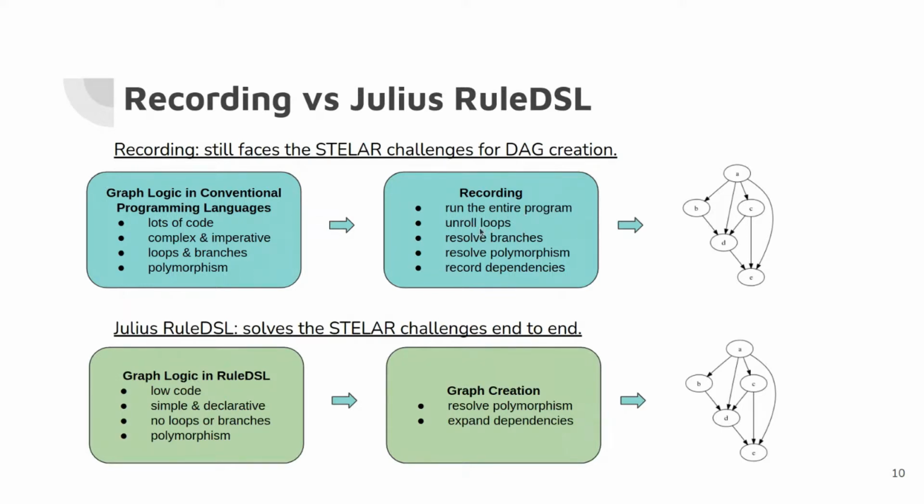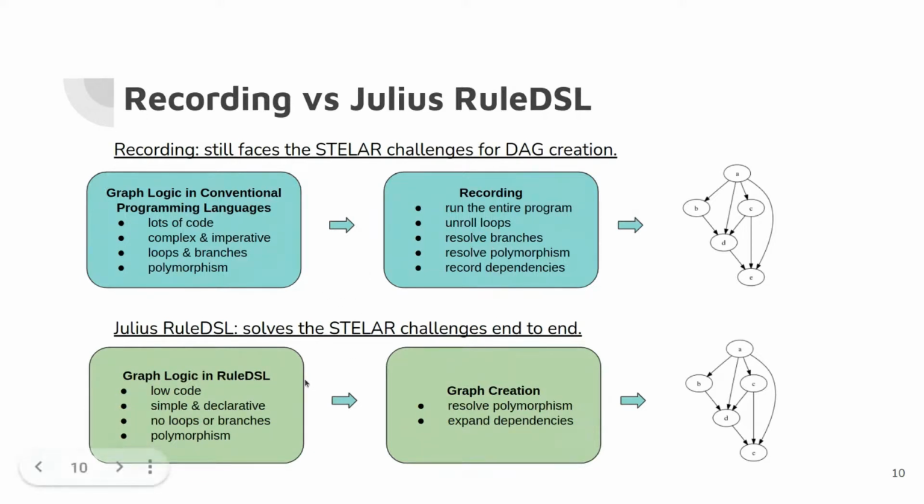And also you have to unroll the loops, you have to resolve the branches, you have to map out the polymorphism. So this seems to be a lot of wasted effort. You're doing unnecessary work on each of these steps, because you're not creating the graph using the right tools. You are using something that is not designed for graph creation.